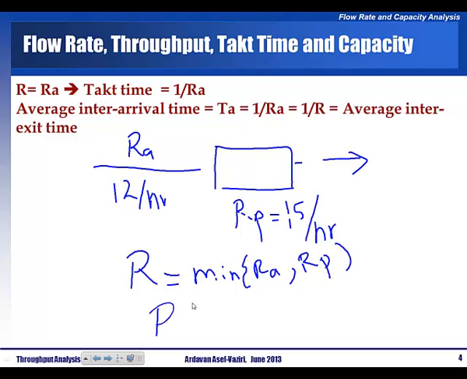Therefore, throughput of the system is always equal to arrival rate or demand.